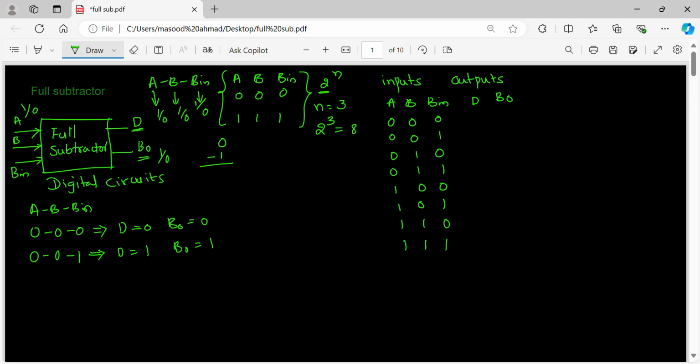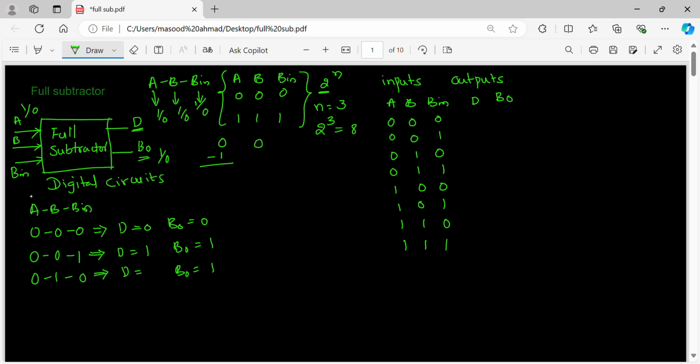Similarly, I need to look at the other possibilities. 0 minus 1 minus 0. What is 0 minus 1? The difference is 1, and borrow is 1 because without the borrow it is not possible. Then difference is 1.